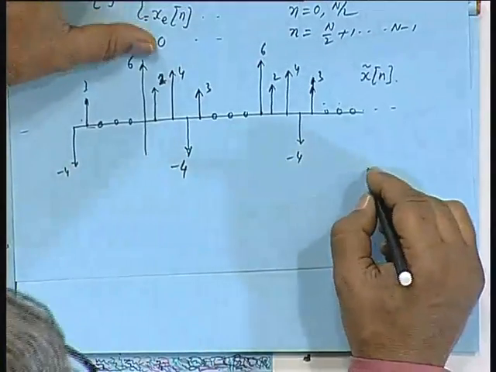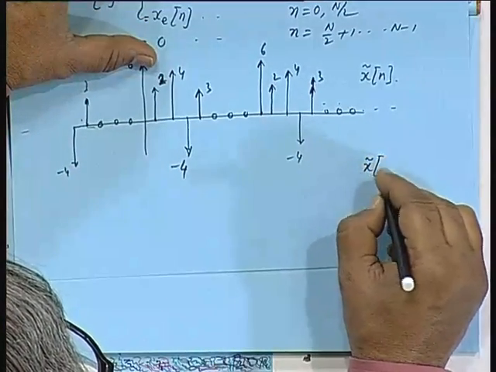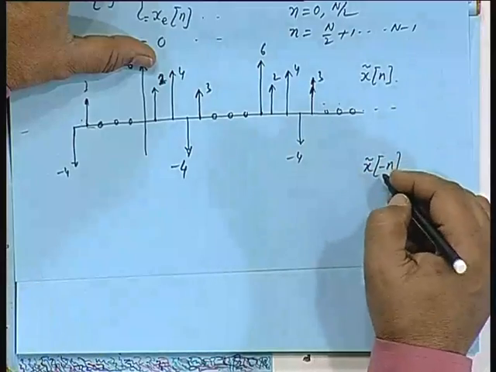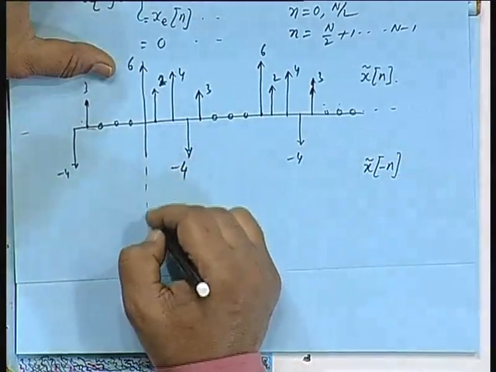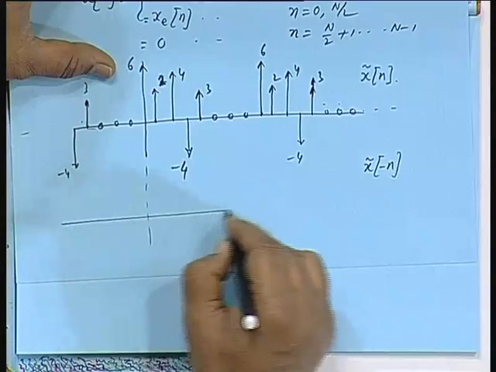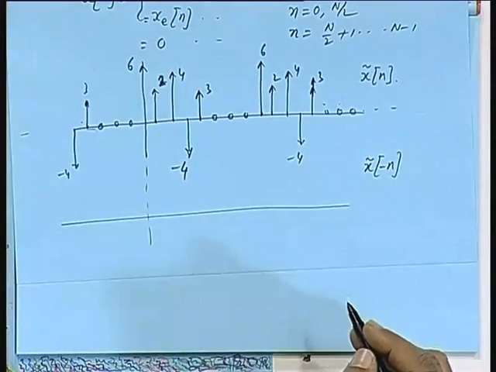So, what will be x tilde[-n]? Because I will add the two and divide by 2, I will get the even part. So, from x_e[n], what will be x_e[-n]?